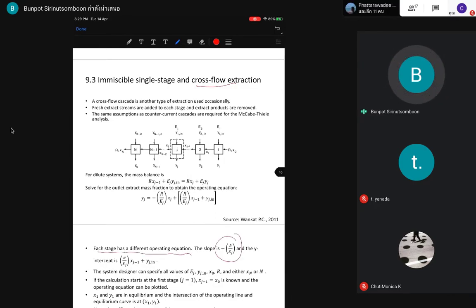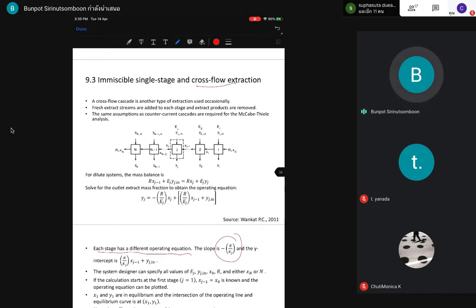You can see that E for each stage doesn't have to be the same. When they are not the same, then the slope is not the same. When the slope is not the same, it means that you have different lines, different operating equations.